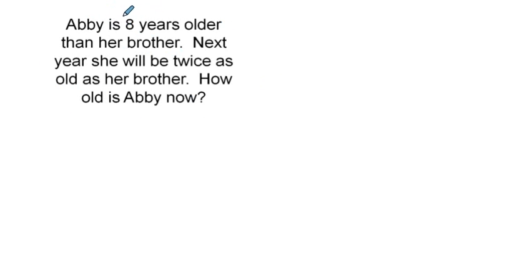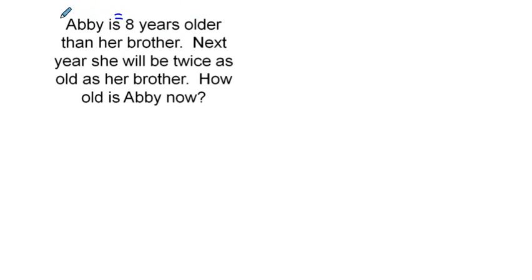The first thing I look for in these sentences is a verb that will be an equal sign. So we have Abby is 8 years older than her brother. I look in this first sentence for the verb, and I see "is." So I'll call that an equal sign. And then to the left of that equal sign we have Abby.